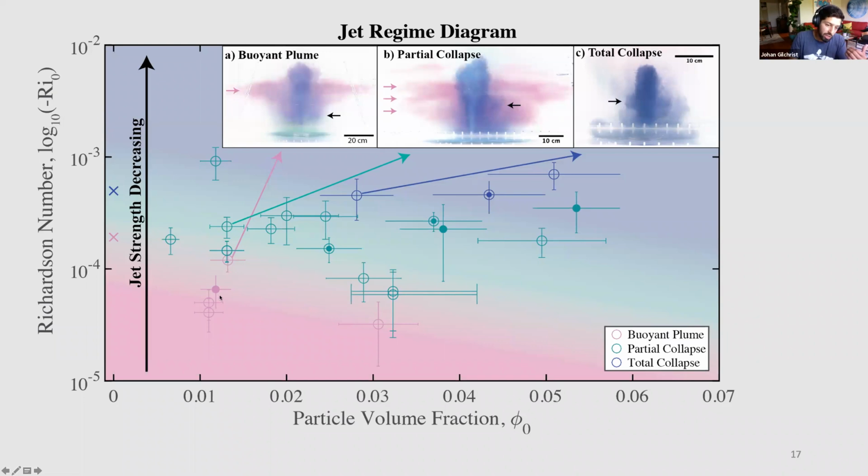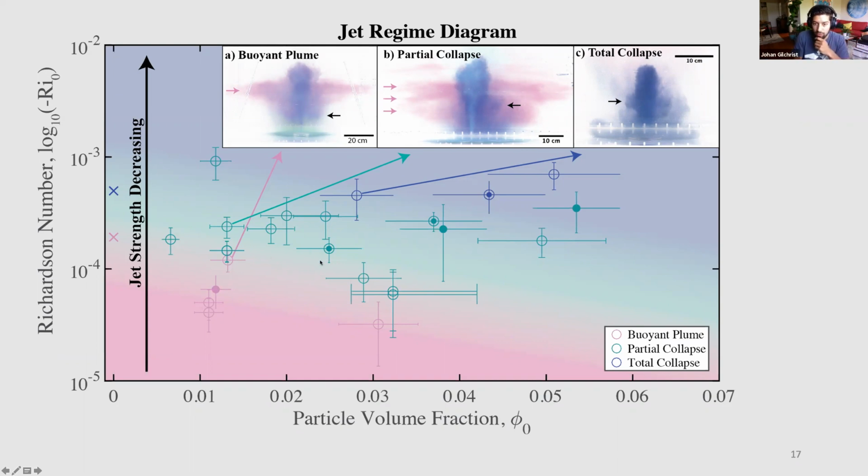So although we're not changing source conditions progressively along this trend through an experiment, we're populating what could be that trend with each individual experiment, and it's suggesting that there's actually a continuous transition from the Buoyant Plume to partial collapse to total collapse regime rather than an abrupt transition as the source conditions would change progressively.